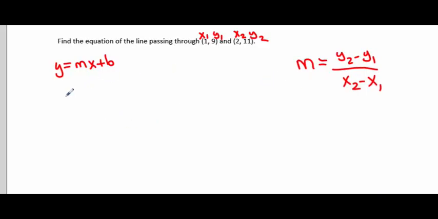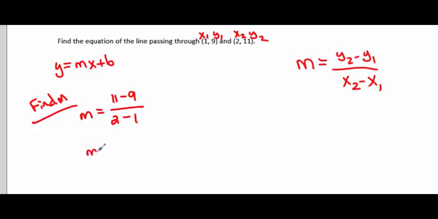Okay, let's plug these in to find m. So we have m equals y sub 2 is 11 minus y sub 1 is 9, divided by 2, x sub 2, minus 1, which is x sub 1. That means m is going to be equal to 11 minus 9, which is 2, divided by 2 minus 1, which is 1. Okay, there's your m.